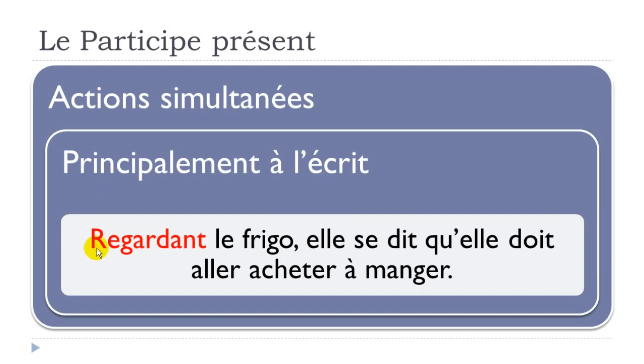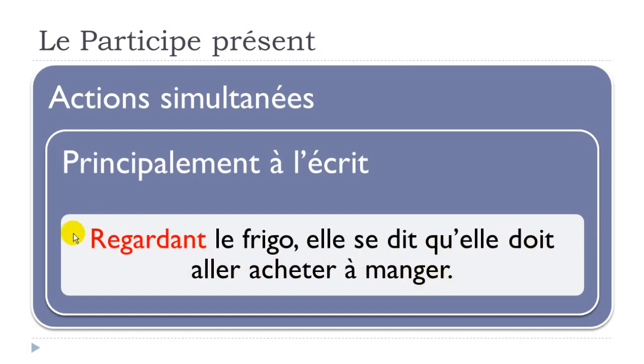So, regardant le frigo, regarder is to watch or to look, frigo, the fridge. Elle se dit qu'elle doit aller acheter à manger. So she tells herself that she must go and buy some food. Donc, regardant le frigo, elle se dit qu'elle doit aller acheter à manger.